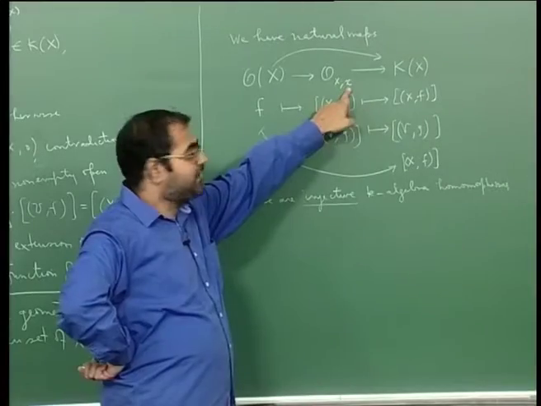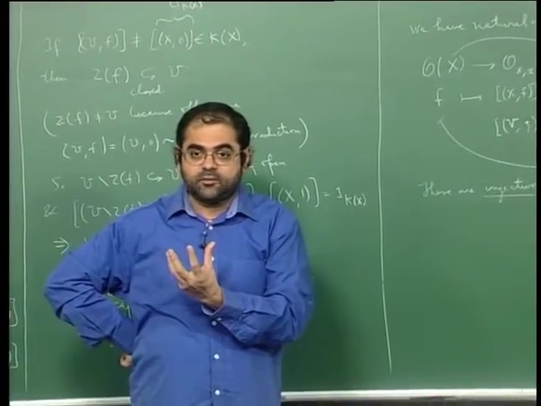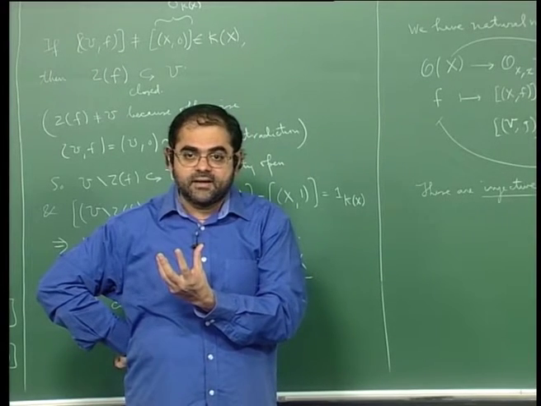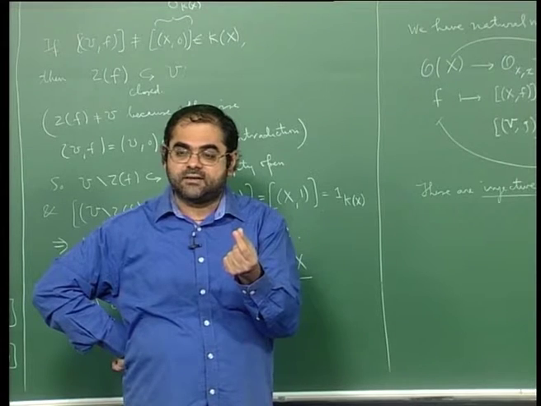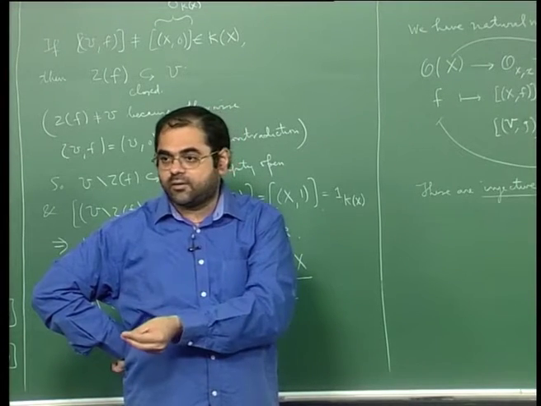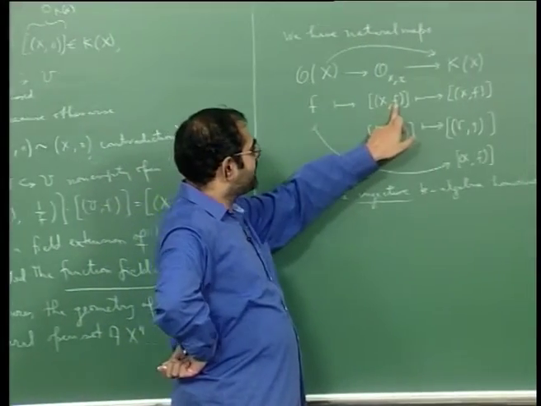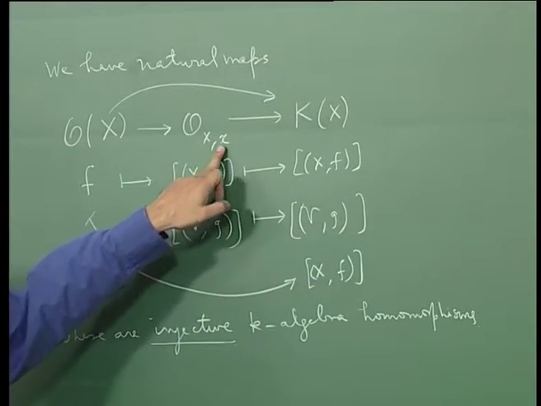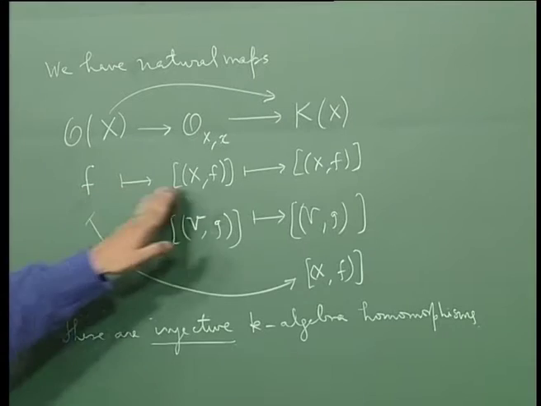But that means f is equal to the 0 function in an open set containing small x. Then if two regular functions are equal on a non-empty open set, they are equal throughout. So if f vanishes in a neighborhood of small x, then it vanishes everywhere. That means f itself is 0. So that will tell you why this is injective.